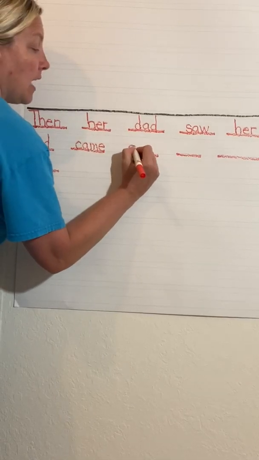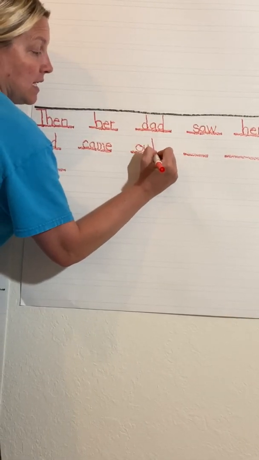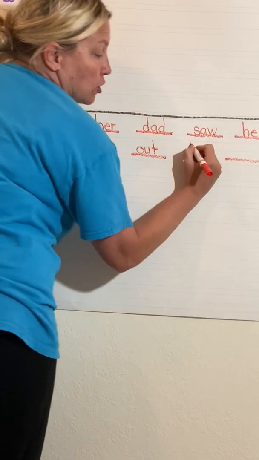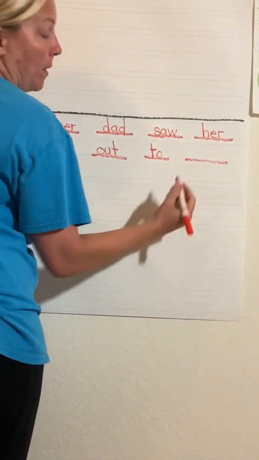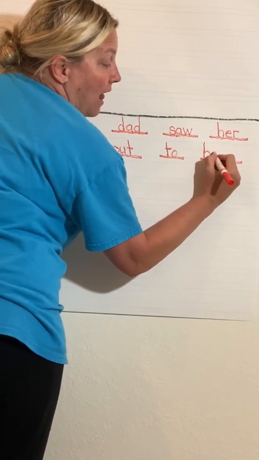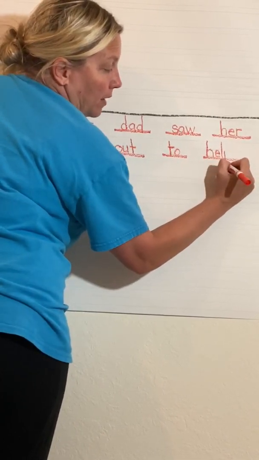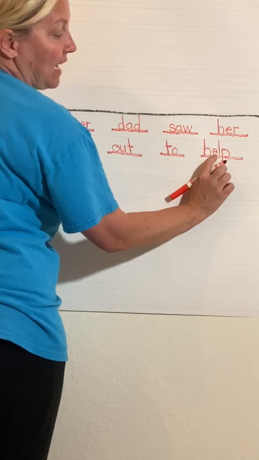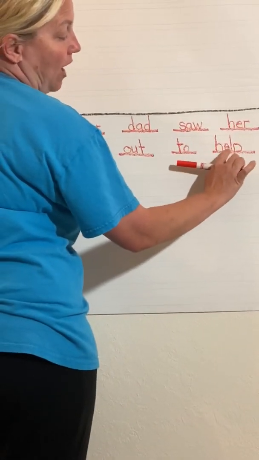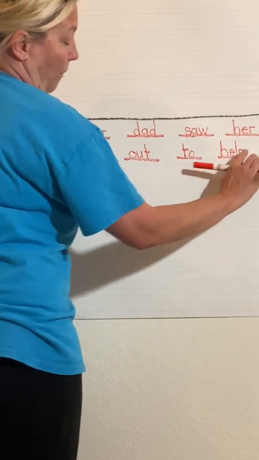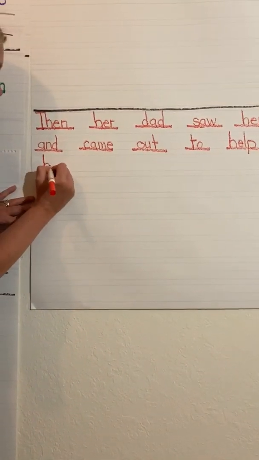Out, we learned yesterday, O-U goes out, and then T goes t. Out to, now sound out help. H, E-L-P, help. It's got to have an E in there because every word has to have a vowel. If you just put the L, it'll be hlp. Help. Her.